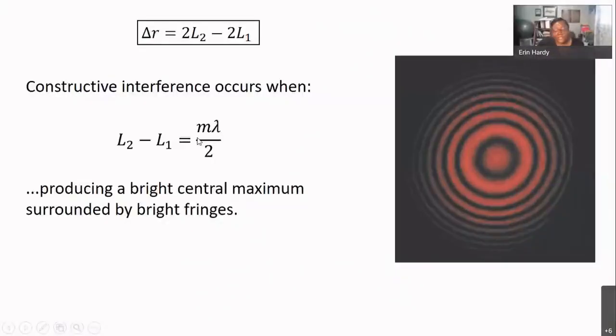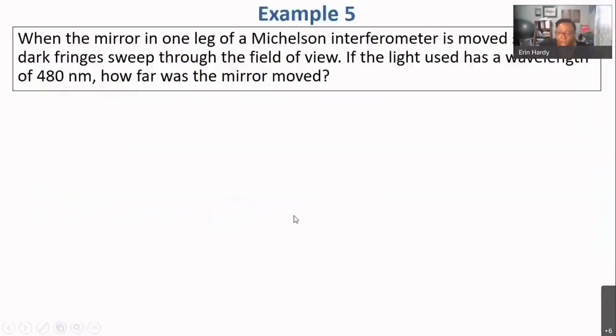And this M value relates to the number of bright fringes that form as a result of these dark fringes being superimposed on top. So in this case we are looking for constructive interference. This is going to be when lambda is multiplied by some half integer number M. And if we were looking for the opposite case where we wanted destructive interference, we would look for the integer multiples of lambda.